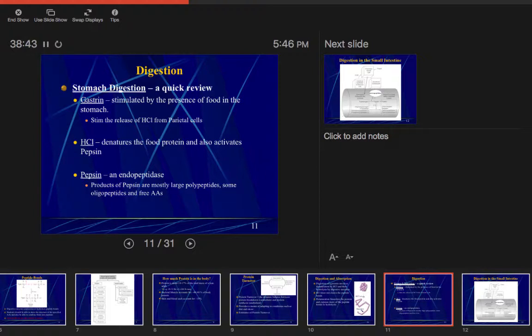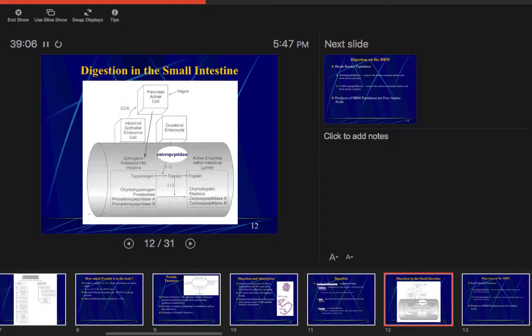And then pepsin is that endopeptidase that starts breaking down, digesting proteins in the stomach. So protein digestion starts in the stomach, but it's nowhere near complete. But protein denaturation should be complete in the stomach. And now the partially digested and denatured proteins enter the small intestine.